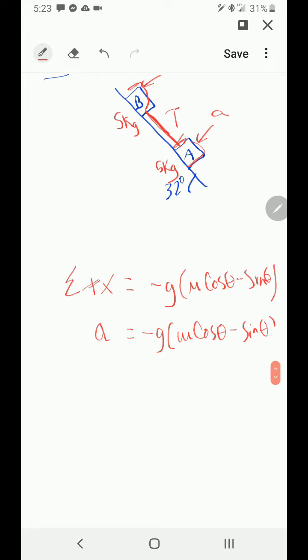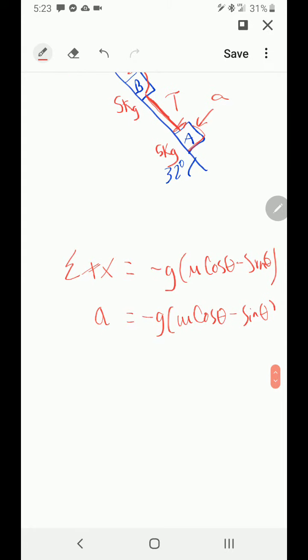What you need to be careful about is that you need to use the coefficient of friction of A, because A will give you the acceleration. So it's 9.8 times mu, where mu A, for block A, is equal to 0.20.